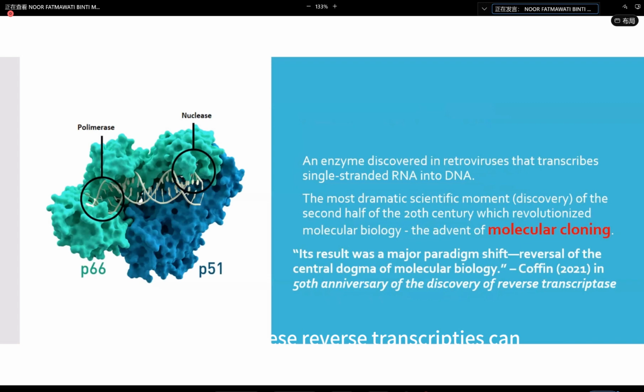We know that this reverse transcriptase can make DNA from RNA. And then from that knowledge, we created a method for us to understand or to do experiments with it. In this case, it is to do the conversion to cDNA.